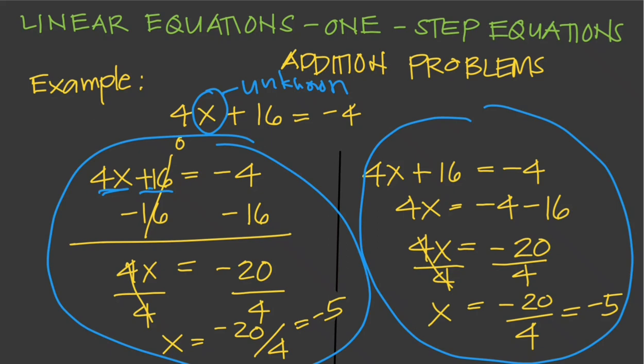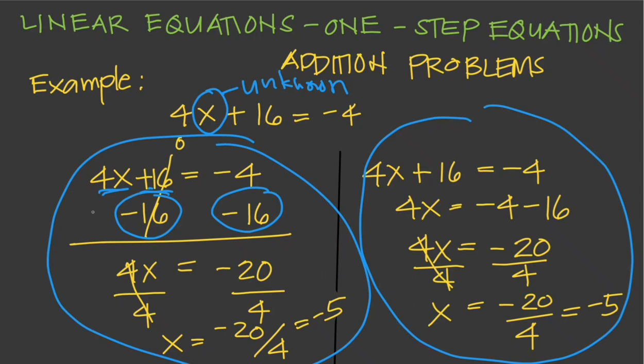Whatever we add or subtract on one side of the equation, we will also do to the other side of the equation. So we subtract 16 here, and then subtract 16 on the right.